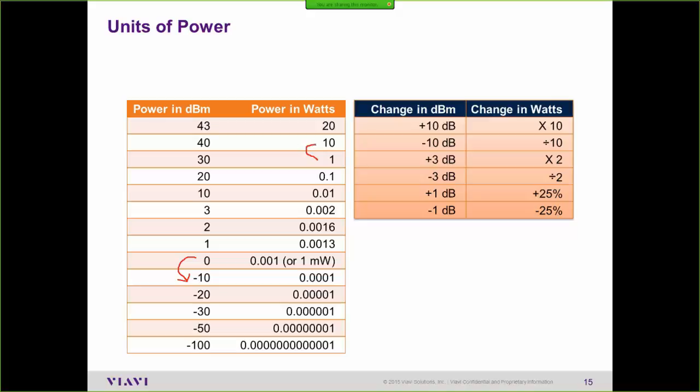Or if I cut the wattage in half, let's say I go from 20 watts down to 10 watts, I reduce by 3 dB on the dBm scale. That's useful. As we talk about the spectrum analyzer, you'll see places where that actually works out. Sometimes you wonder if this math stuff actually works, but it does.